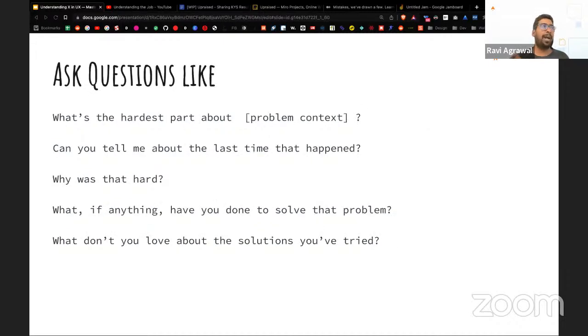So ask these 5 questions to get user research right. What's the hardest part about whatever is the context of the problem? What is the hardest part about choosing a fashion garment? What is the hardest part about being on top of all the new openings in the PM space, right? Can you tell me about the last time that happened? It will give you a lot more detailed understanding of what the user was going through, what were their emotions.